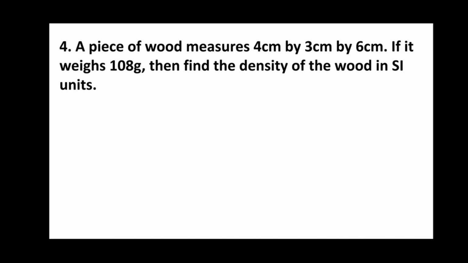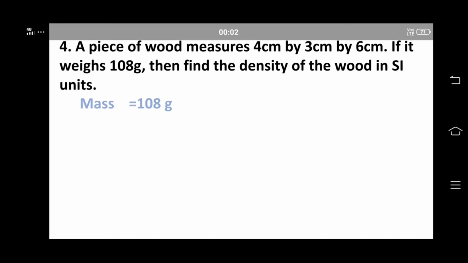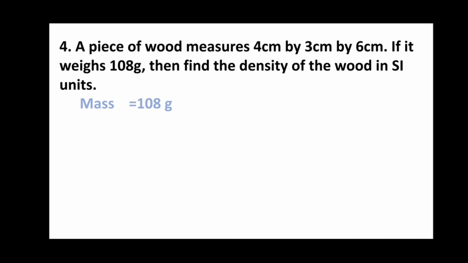The mass is given as 108 gram, but the volume is not given directly. But the hint is given as a piece of wood measures 4 cm by 3 cm by 6 cm. This represents length, breadth and height of the wooden piece.